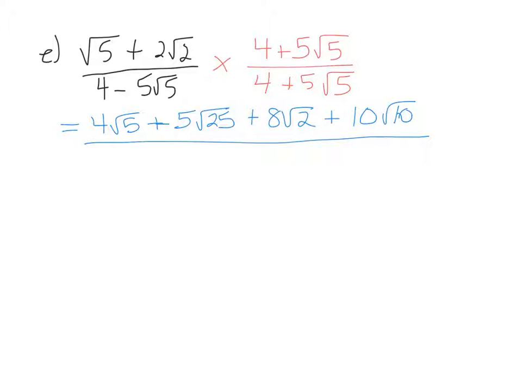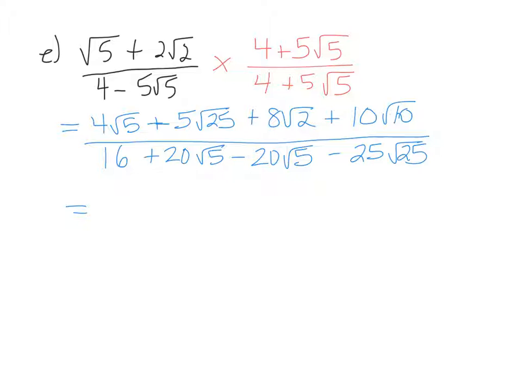And that's just the numerator. Then we'll do 4 times 4 is 16 plus 20 root 5 minus 20 root 5 minus 25 root 25. This seems like it has a fair bit of simplifying to do.